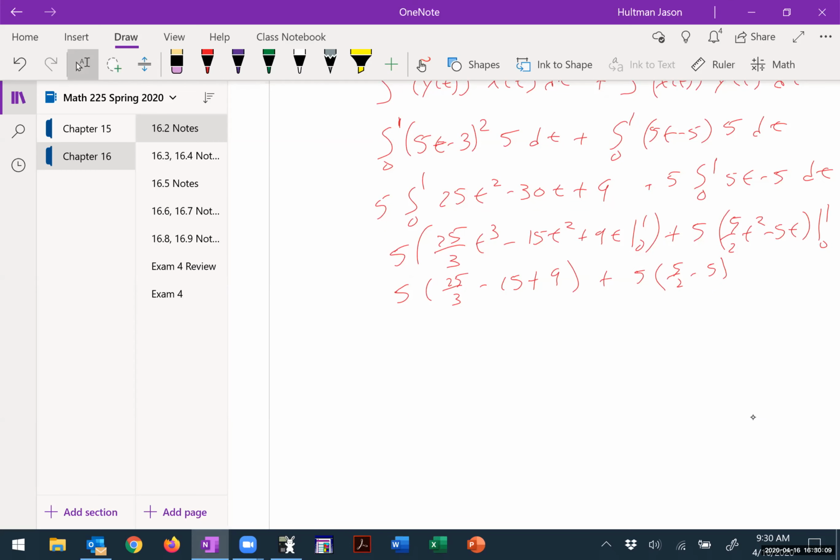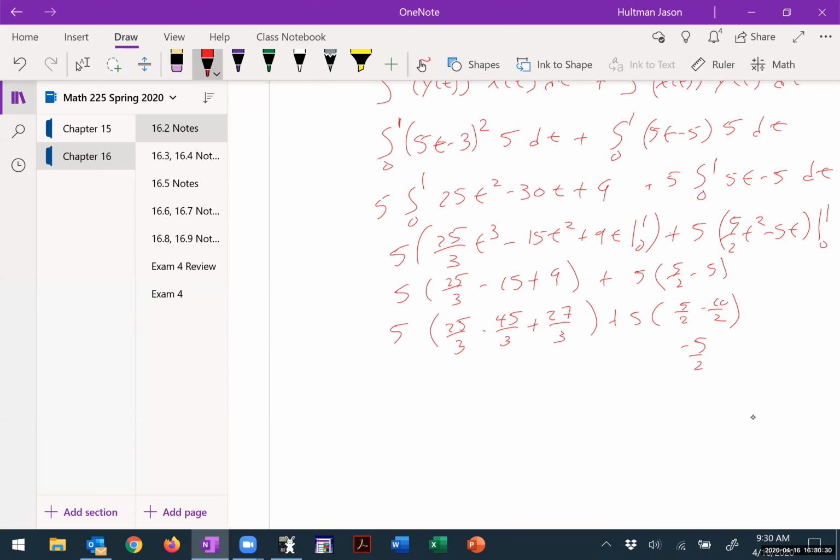Okay, let's clean this up. This is going to be 25 thirds minus 45 thirds plus 27 thirds times 5 plus 5. This is going to be 5 halves minus 10 halves. Okay, so this is negative 5 halves times 5, which is negative 25 halves.